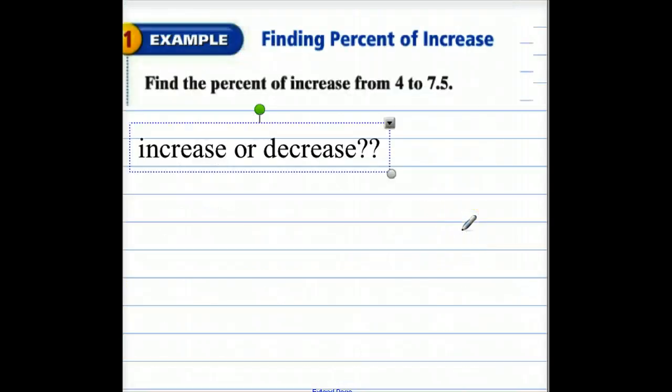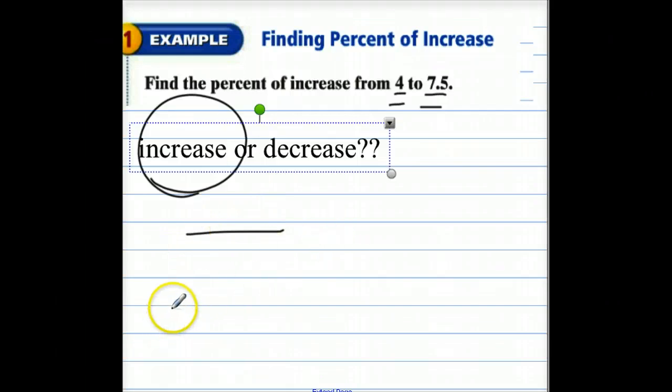So let's do an example. In this example, we're going to find the percent of increase. Now I already told you that we're increasing, but you should always ask yourself the question, are we increasing or decreasing? So find the percent of increase from 4 to 7.5. A lot of people want to write down what it changed to on the top of their proportion.